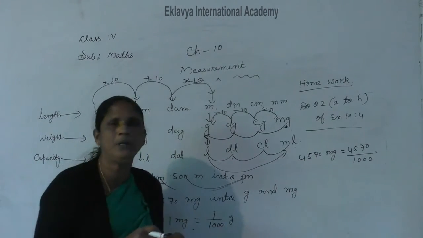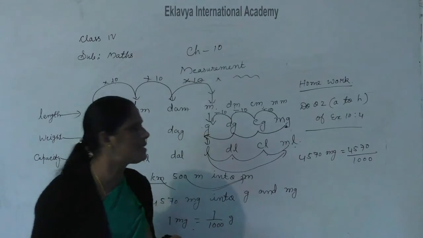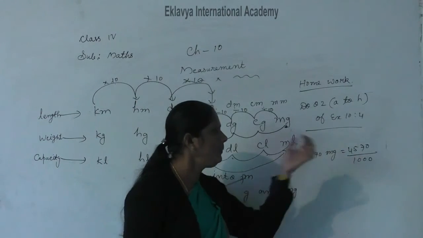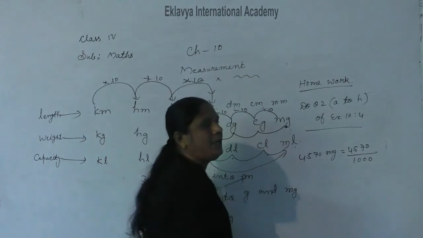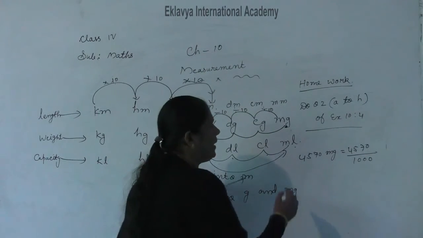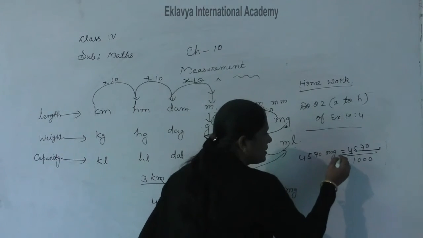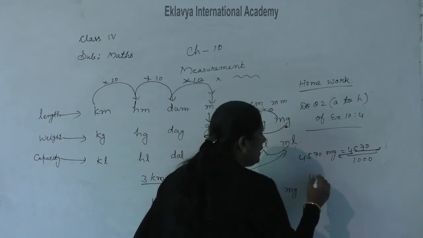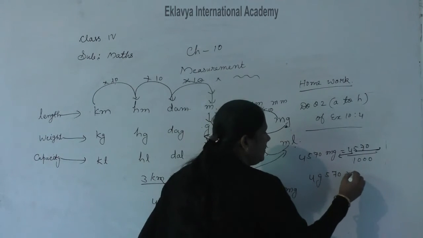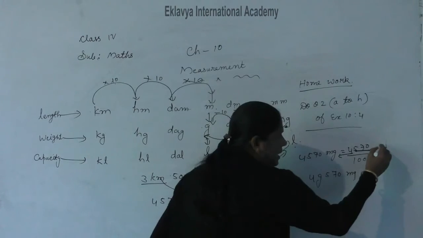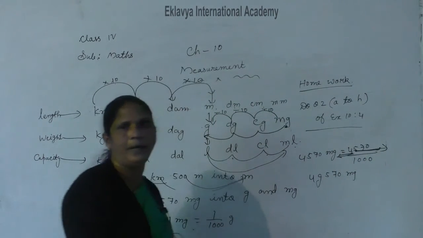How many digits do we remove? 3 digits. In the decimal chapter we also studied 1000. 1, 2, 3, 3 digits we remove. What is our answer? 4 gram 570 mg. The removed part is our mg, and the left 4 is our gram.